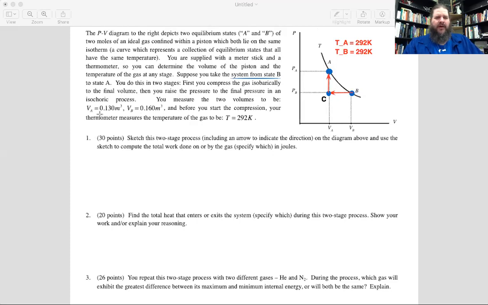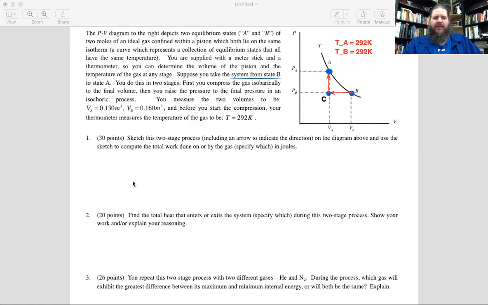And we know what those volumes are, 0.13 cubic meters and 0.16 cubic meters. What else do we need to figure out now that we have that much information? We're missing pressure.